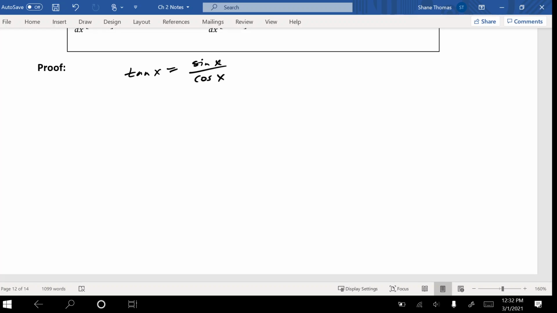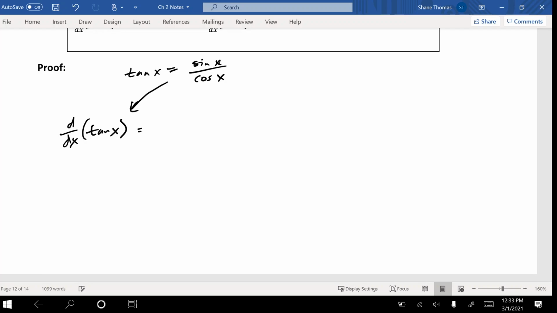So let's apply the quotient rule to that right there. All right, so dy dx, derivative with respect to x, of tangent of x, and I am going to substitute tangent of x with sine of x over cosine of x.